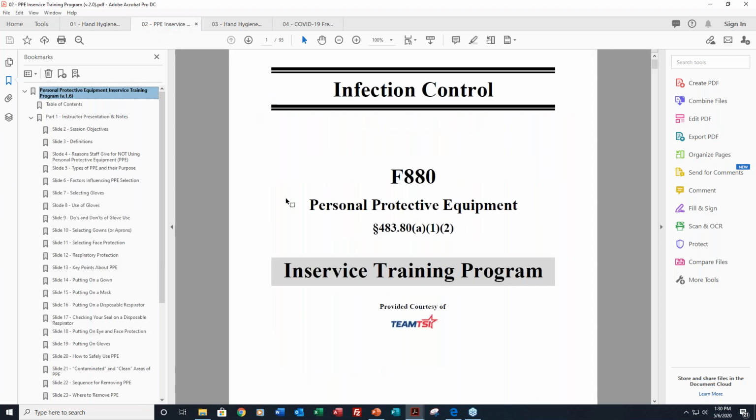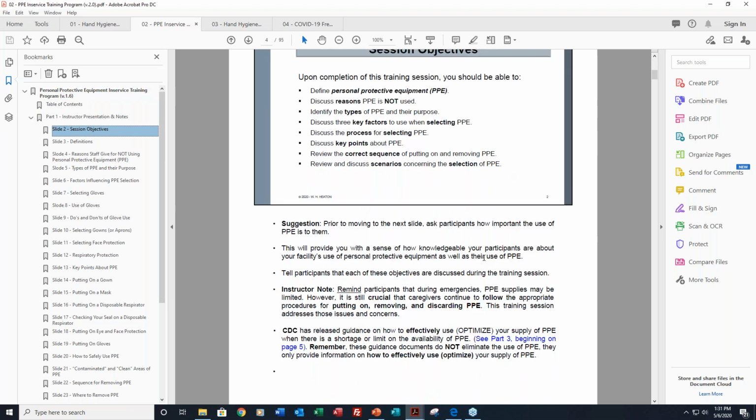The next program is your personal protective equipment. I'm not going to go through all of that. It is designed exactly the same way as your hand hygiene. It has all of your session objectives and all of the training notes. Everything is linked.